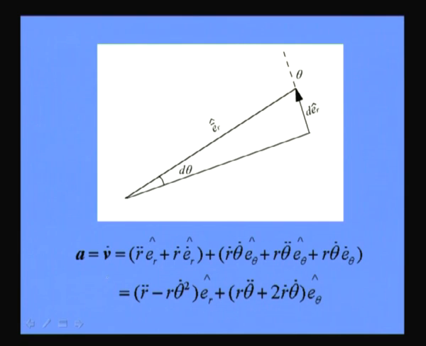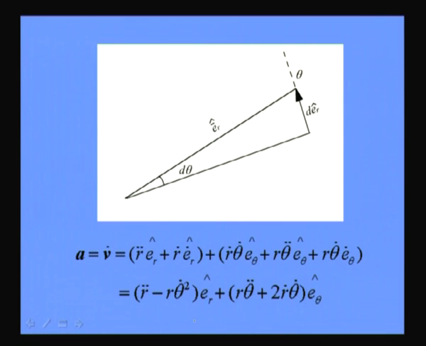Acceleration is given by a equal to v dot, which is r double dot e_r plus r dot e_r dot plus r dot theta dot e_theta plus r theta double dot e_theta plus r theta dot e_theta dot. Now e_r dot can be written as theta dot e_theta, and similarly we know e_theta dot can be written as minus theta dot e_r. So this expression simplifies to (r double dot minus r theta dot square) e_r plus (r theta double dot plus 2 r dot theta dot) e_theta.